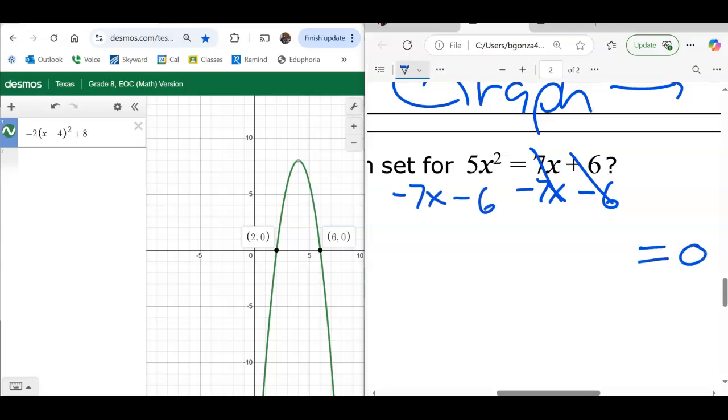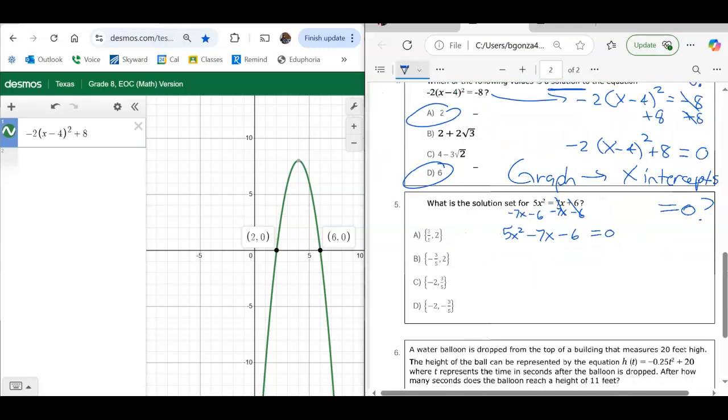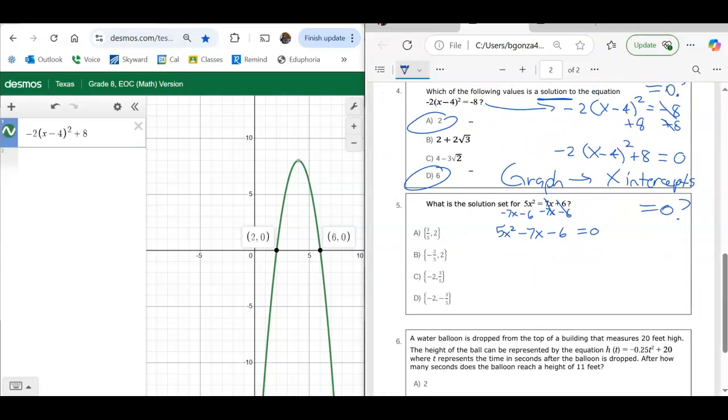Now it equals 0. 5x squared minus 7x minus 6. And what am I going to do? Graph. Find the x-intercepts because it's solutions, right?